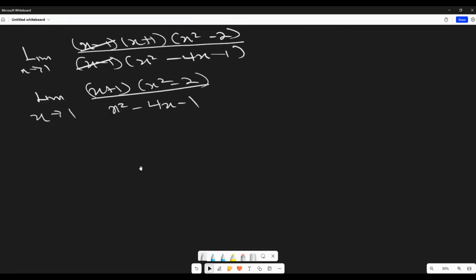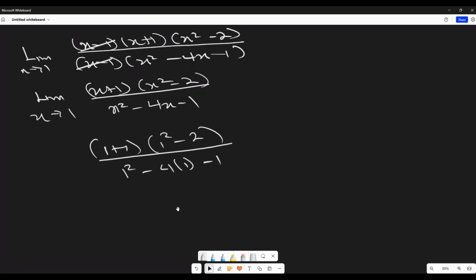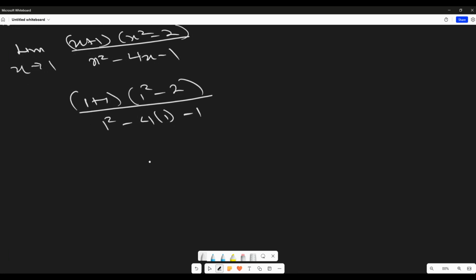Then we can perform our substitution here. So it will be 1 plus 1, 1 squared minus 2 all over 1 squared minus 4 times 1 minus 1. Simplifying further, we'll have 2 in this bracket. Then multiply negative 1 all over 1 minus 4 minus 1.